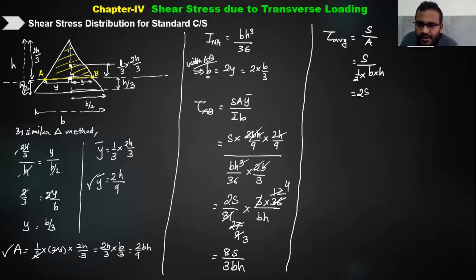It is 2S by bh. Yes or no? If you simplify this, can I write it is 3/2 times the average value? Oh sorry, 4/3 times the average value, because 2S by bh we can write as the average. That can give me this value.